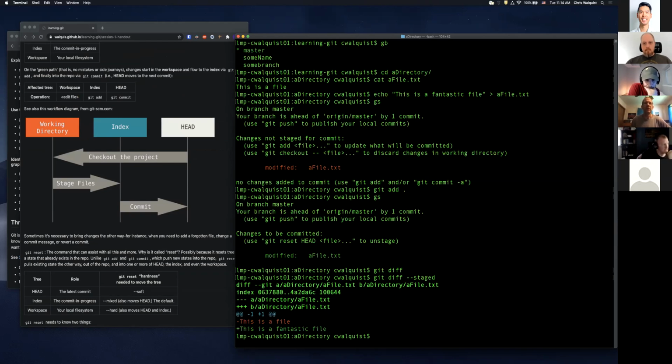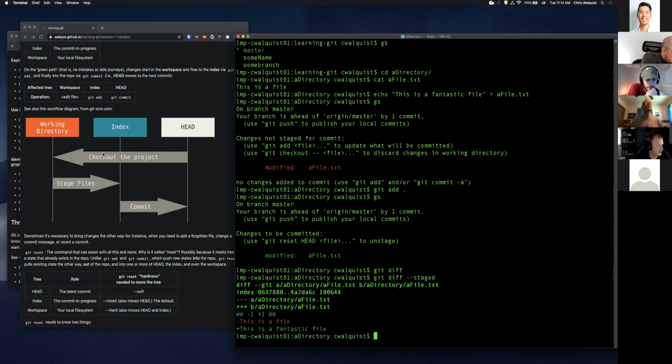Yeah, and what was in the original index was what was in HEAD, right? Because we started out with no differences anywhere. So we moved our change from workspace to index. So git diff tells us workspace versus index. Git diff staged tells us index versus HEAD. And that does have a difference, right? Because we haven't committed it yet. Once we commit it, then it'll go on over to HEAD.